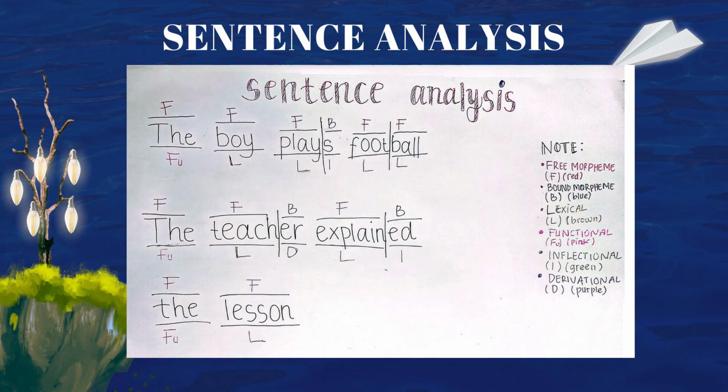And next is the, which is the same: the is a free morpheme and included in functional. And lesson is a free morpheme and lesson is a noun. So noun is included in lexical. Okay, that's all about sentence analysis.